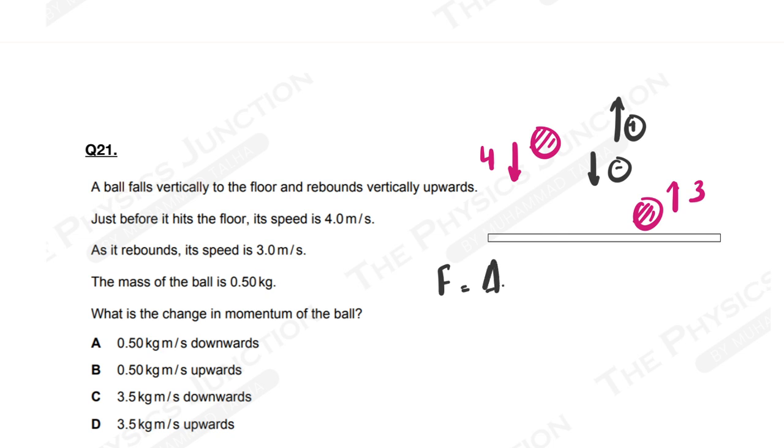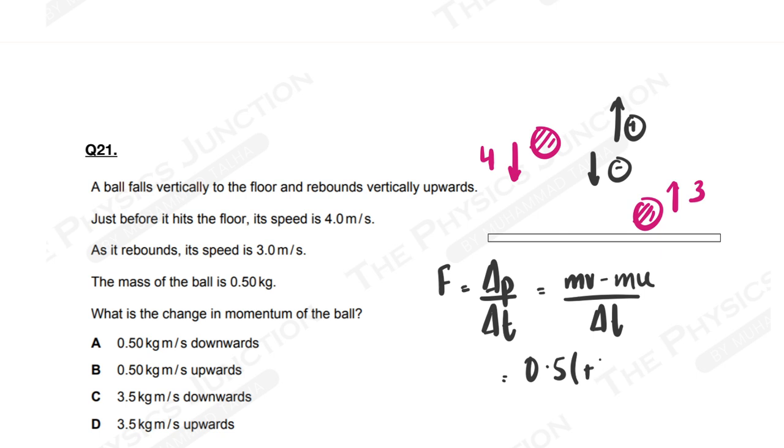Using force is the rate of change of momentum. So mv minus mu over delta t. So mass times final velocity, so 0.5. Final velocity, now I'll factor this out as common. Final velocity is 3 upwards, so this is +3, minus the initial velocity, which is 4 downwards, so this is -4.